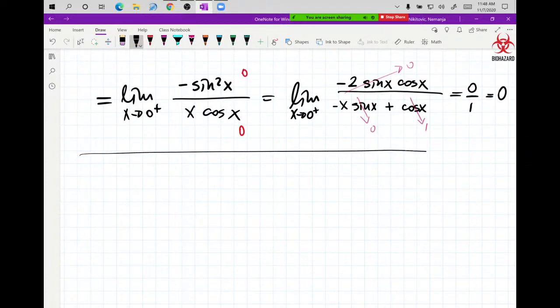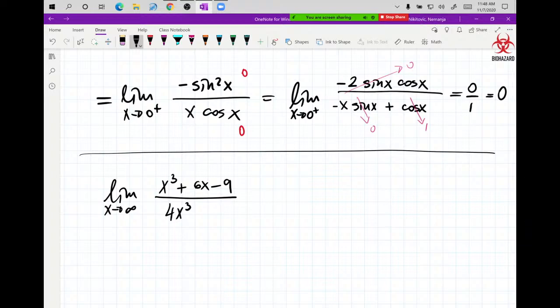Now you might also remember those limits when x went to infinity and you had, let's say, x cubed plus 6x minus 9 divided by, I don't know, 4x cubed minus 1, for instance.